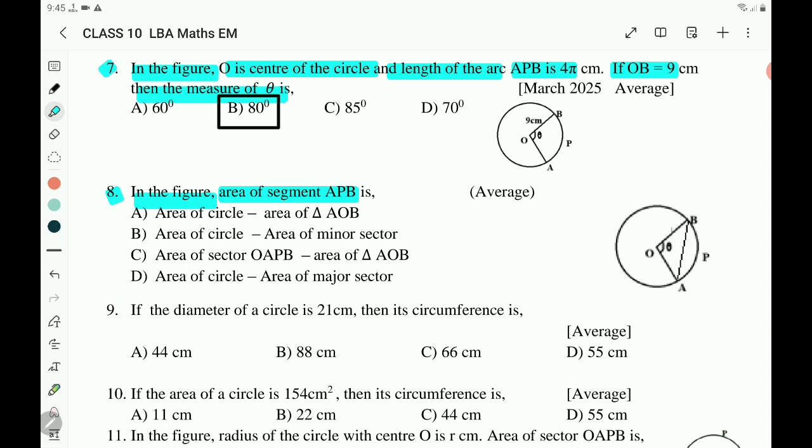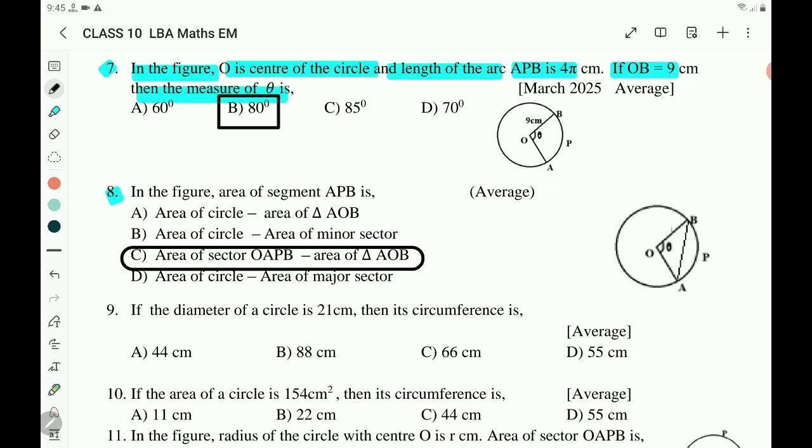Here area of sector APB means this much, that is this whole area: area of sector AOB minus area of triangle. So what is the answer? Area of sector minus area of triangle. Option C is the answer.